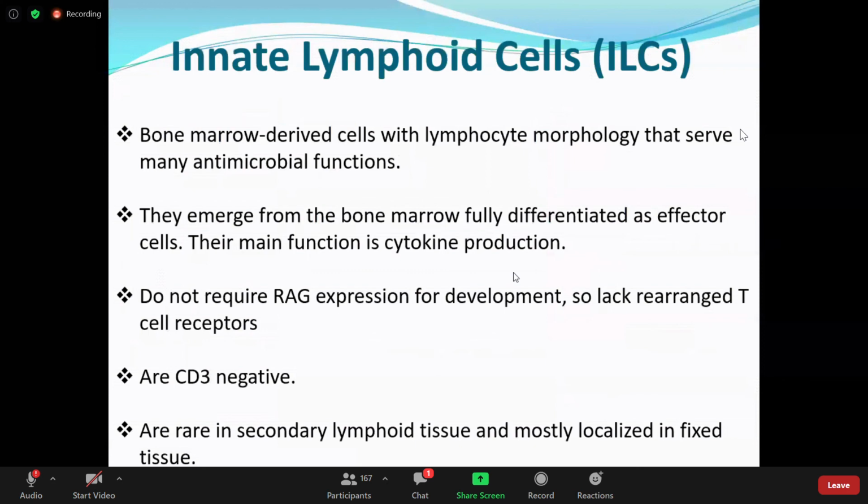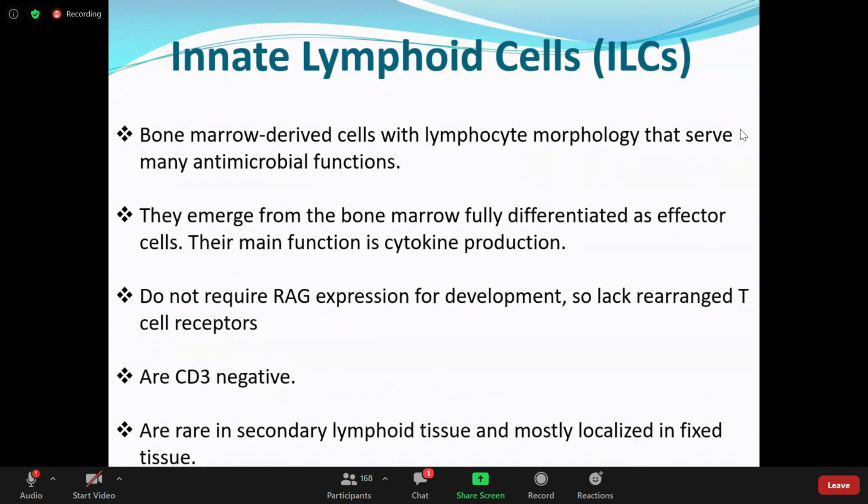These innate lymphoid cells don't have a T cell receptor because they don't seem to require RAG. Remember, RAG1, RAG2 causes VDJ rearrangement. They don't have a functional RAG1 activity, which means they don't have a T cell receptor. Not having a T cell receptor, they are CD3 negative.